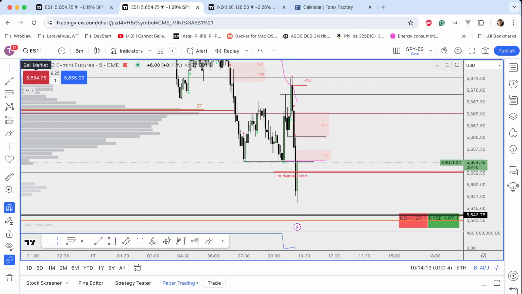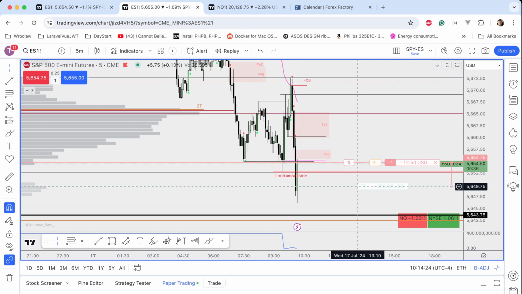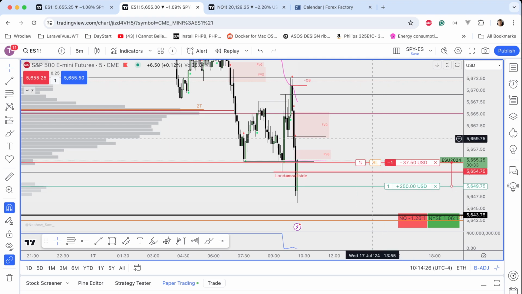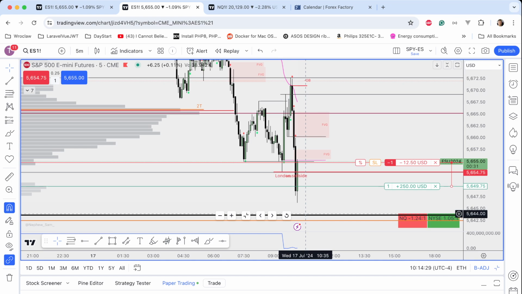I'm going to go short here because we have some trapped people here, so I want to try that short and see whether we go and drop into... No.